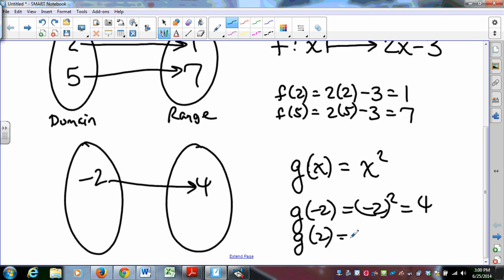But g of 2 is 2 squared, and that's also 4. So here's the reality on functions. Multiple inputs can have the same output, but from every input, there is exactly one arrow. One arrow out, one arrow out. That's how you know that you have a function.